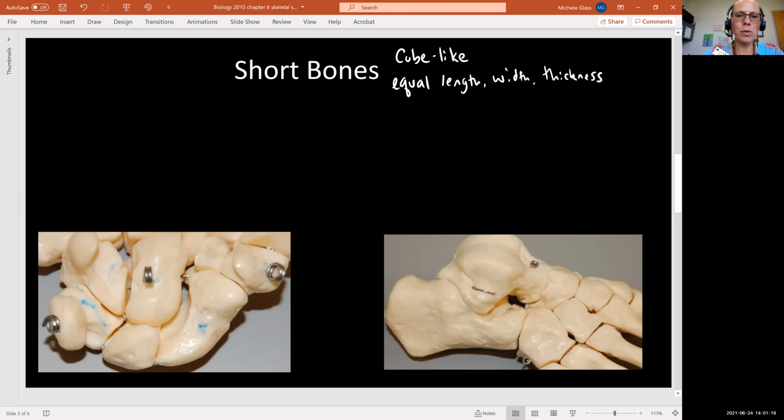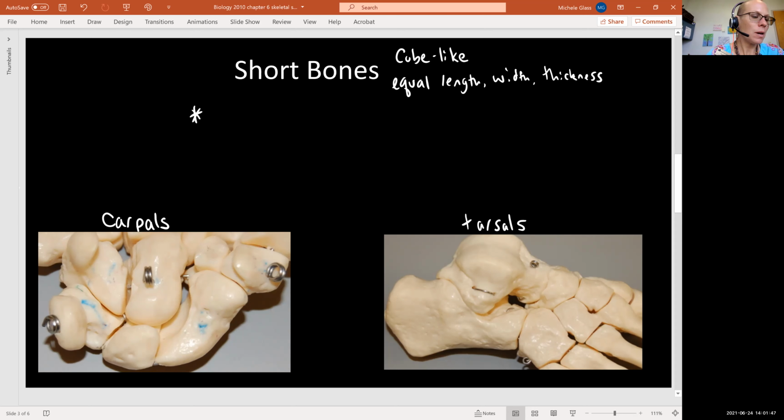And it's important to remember when we talk about living things that they are on average equal length, width, and thickness. It doesn't have to be perfectly spot on, right? And examples of short bones include the carpals, the bones of the wrist, and the tarsals, the bones of the ankle.